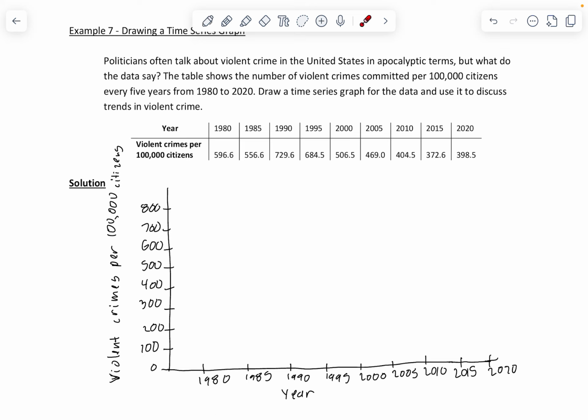So 1980 corresponds to 596.6, just below 600. So I'm going to say right about there. 1985, 556.6, about halfway between 500 and 600, so about there. 1990, 729.6.